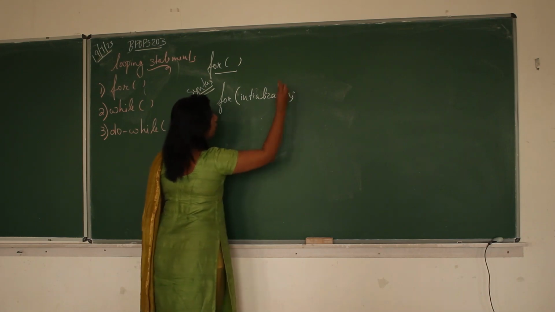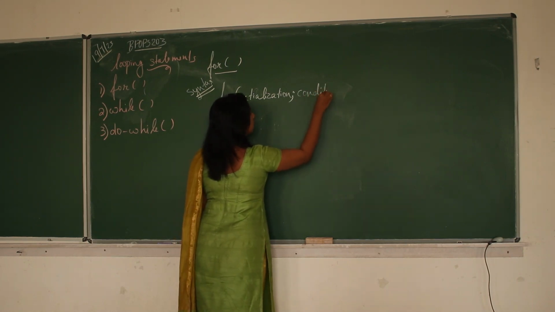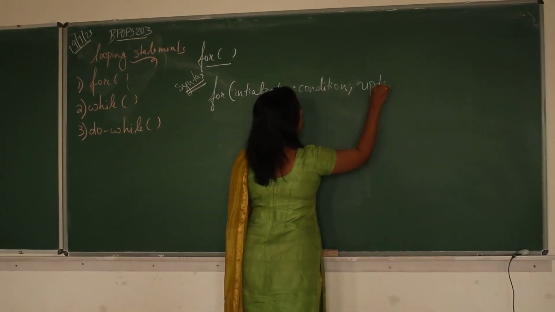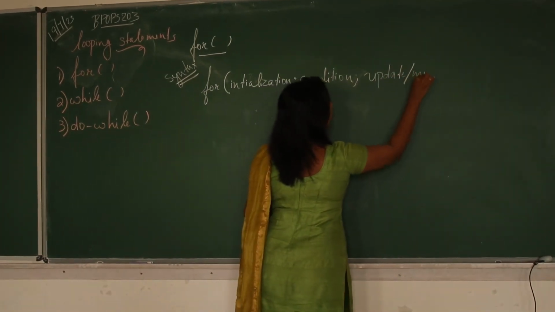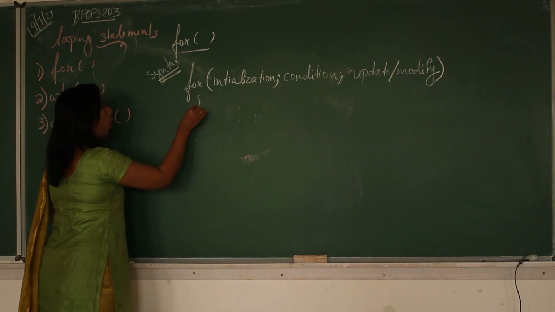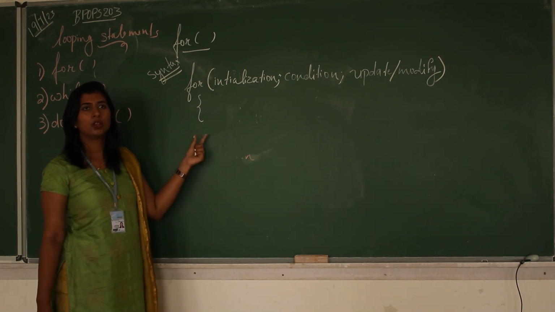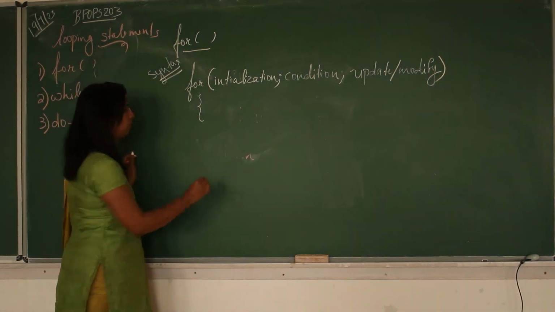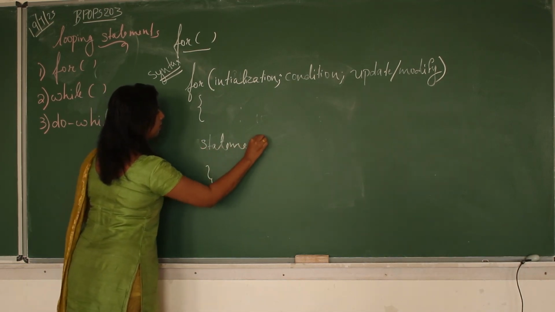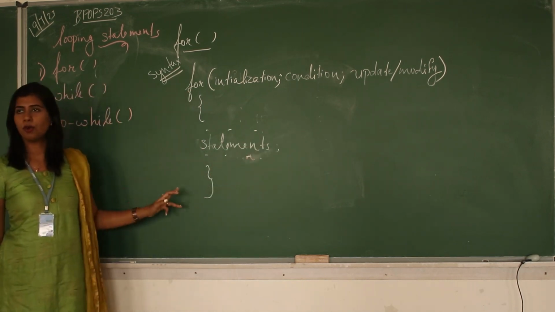You should use semicolon, then condition, semicolon, then update or modify, closing the bracket, then opening the curly bracket. Whichever statements you want to execute repeatedly, you will write inside this block. So statements, then closing. This is the syntax for for.